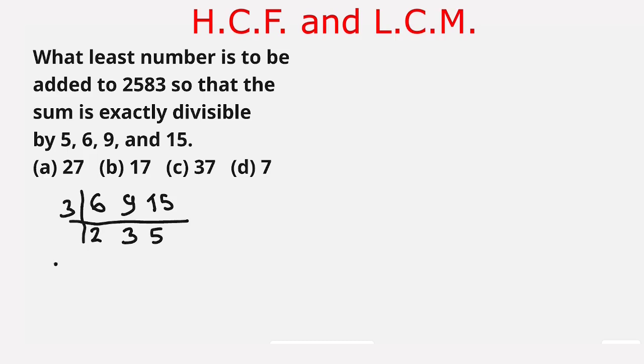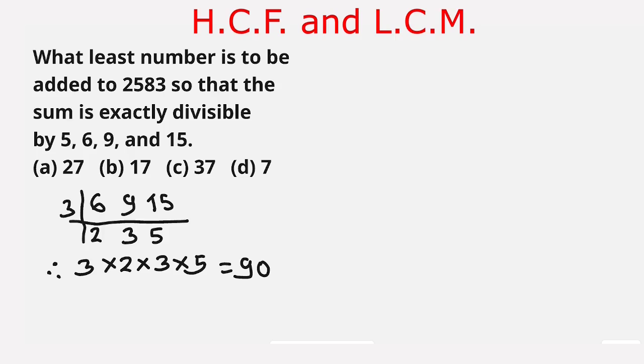Therefore, our LCM is 3 multiplied by 2 multiplied by 3 multiplied by 5. 5 times 3 is 15. 15 times 2 is 30 and 30 times 3 is 90. So the LCM of these numbers is 90.